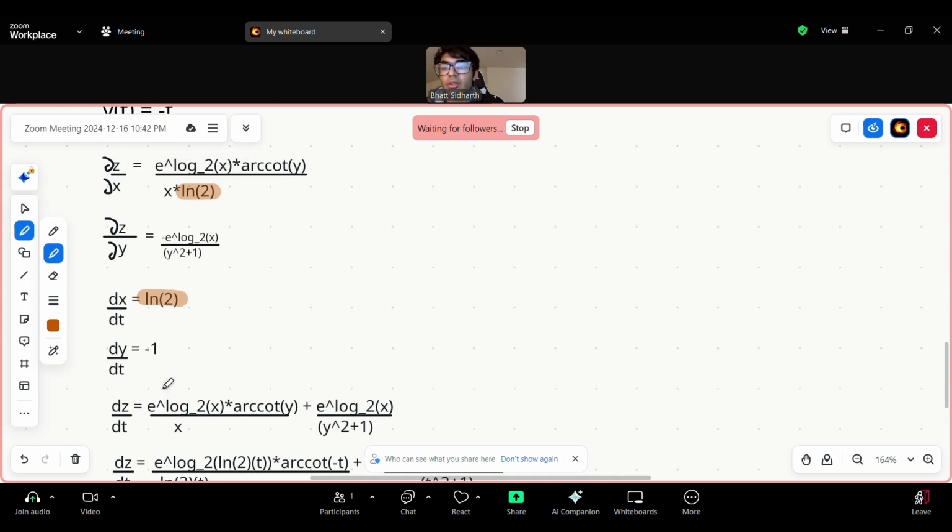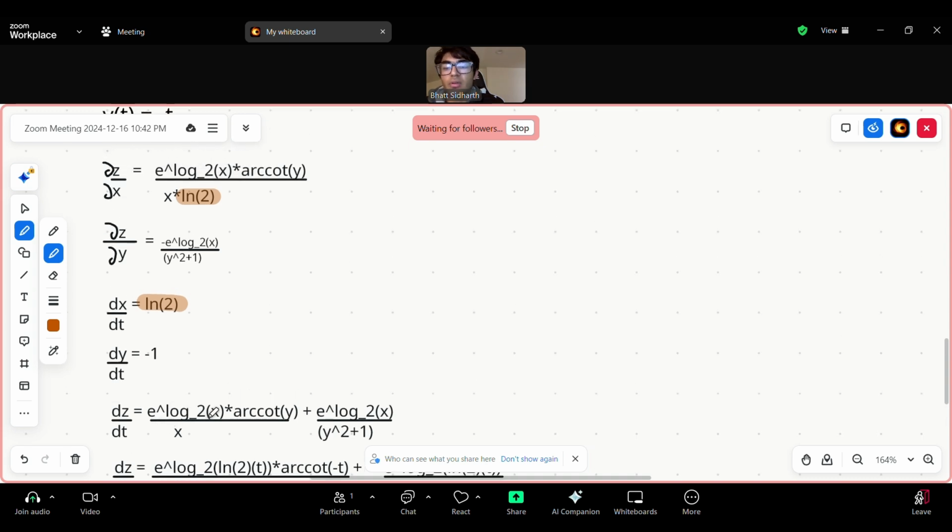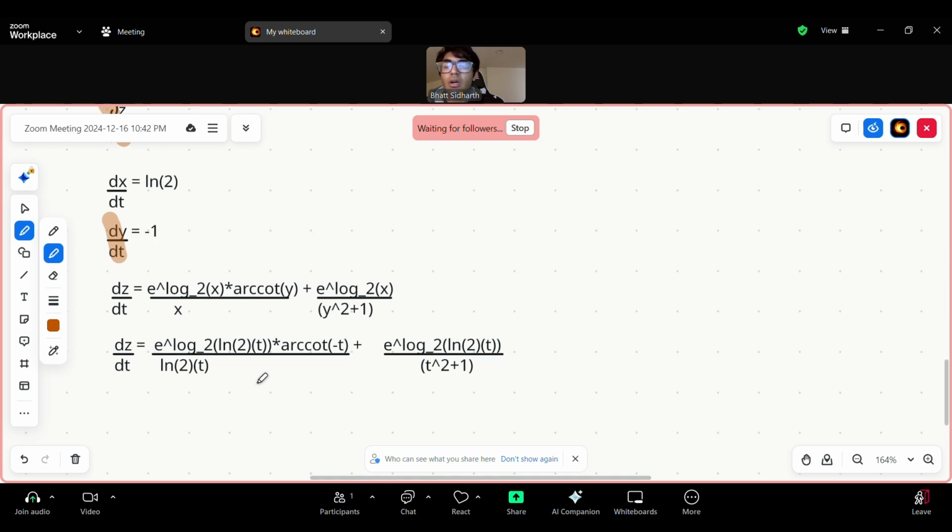Then we're just left with e to the log base 2 of x times arccosine y divided by x. Similarly, for the y side of things, we're going to multiply partial z over partial y by dy over dt, I misspoke. And basically the negative sign cancels out, so it just becomes positive e to the log base 2 of x divided by y squared plus 1.